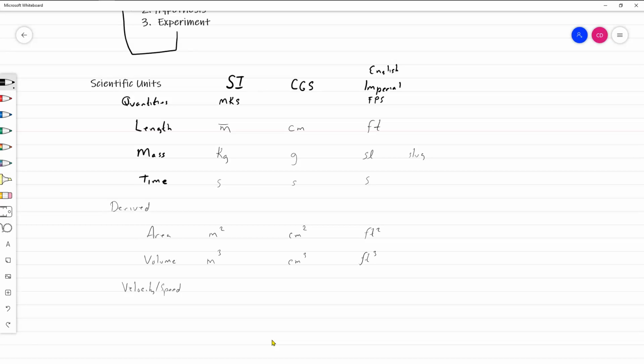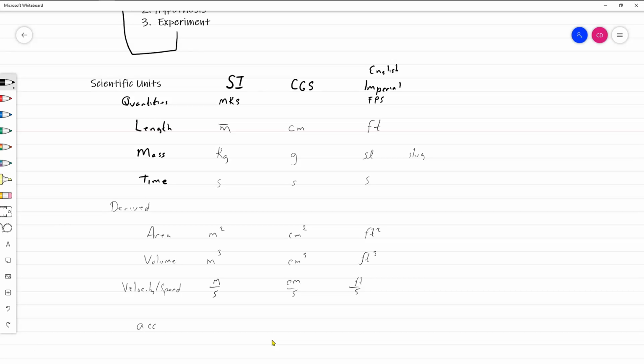Velocity is displacement over time. So the fundamental unit of speed in the SI system is meters per second. We just took the fundamental unit of length and divided by time. Centimeters per second, feet per second. And again, miles per hour, kilometers per hour, those are other units we'll use, they're just not the fundamental.